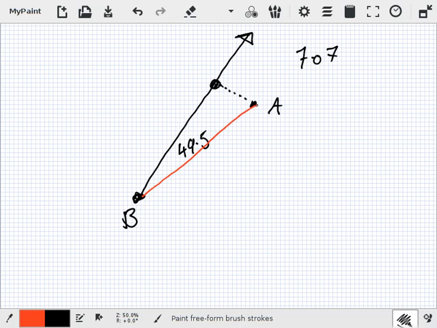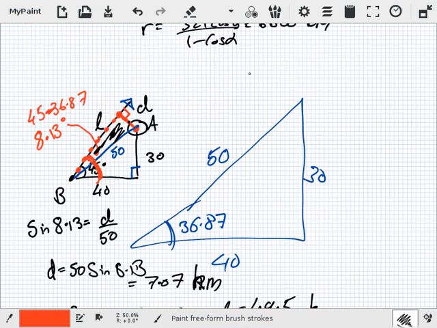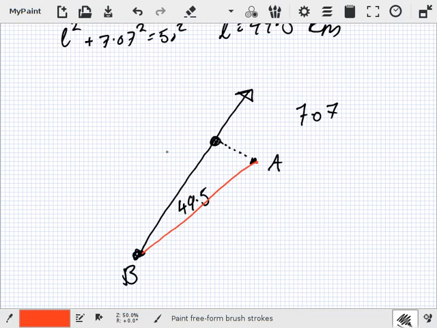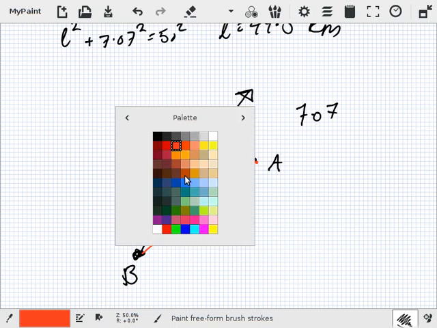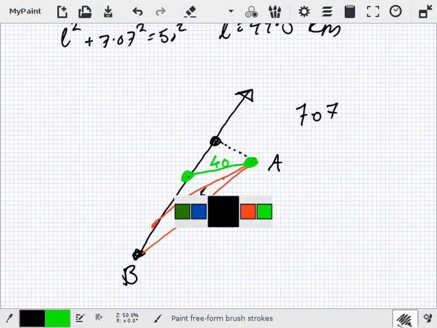If you look at your last picture, you can figure it out. 50. And what happens as time passes? Does it come closer or further? Closer. So at some point, let's say here, they will be 40 apart. I'll put that in a different colour, sorry.